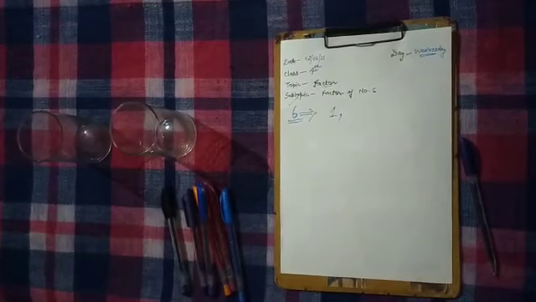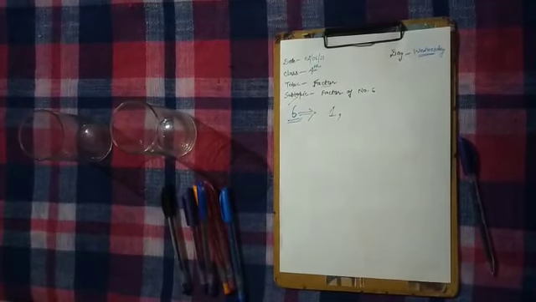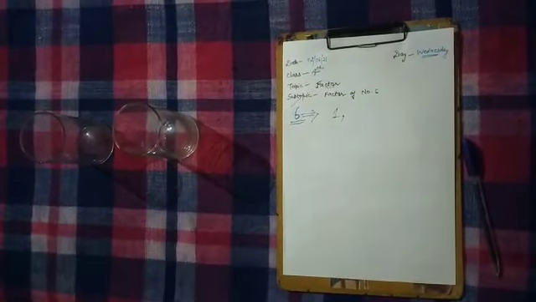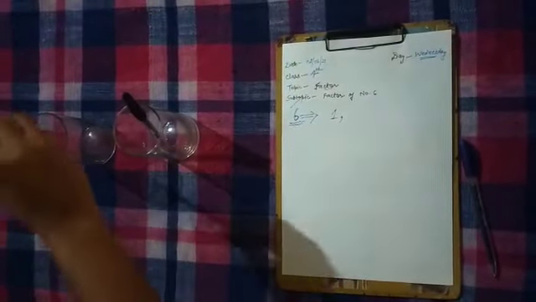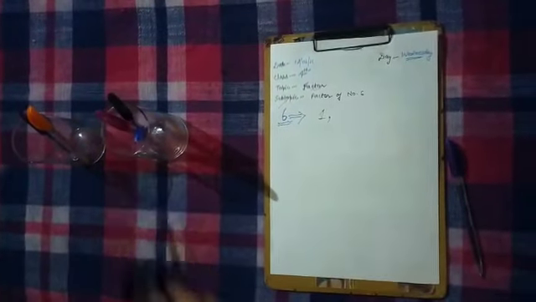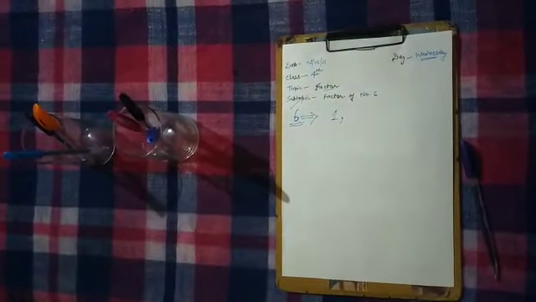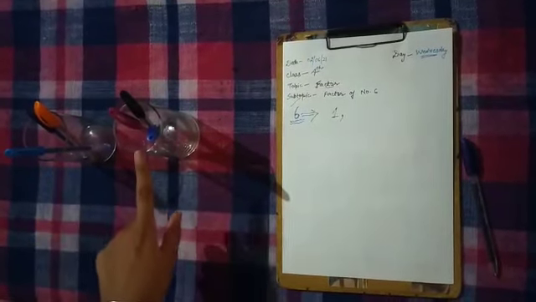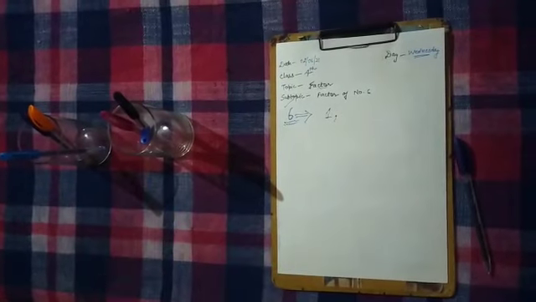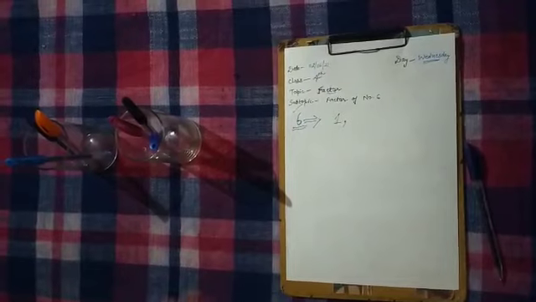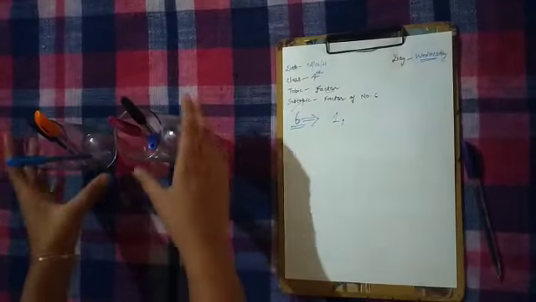Keep in your mind that the quantity of pens should be the same. So we put 3 pens in this glass, 3 pens in this glass. All 6 pens are equally divided into 2 glasses.